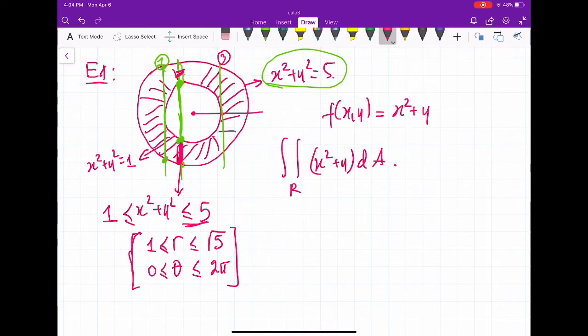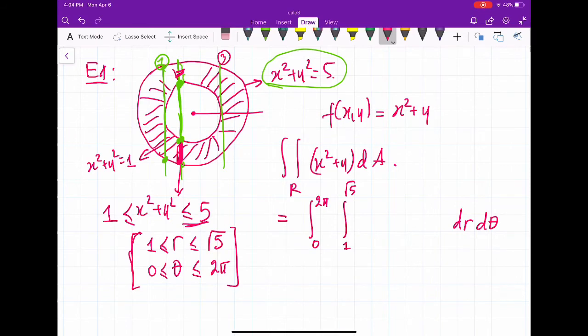Okay, so I will write this integral as the integral from 0 to 2 pi, and here from 1 to square root of 5. So we understand that we integrate in the order dr and then d theta, right? The function right here I will rewrite in terms of r and theta.